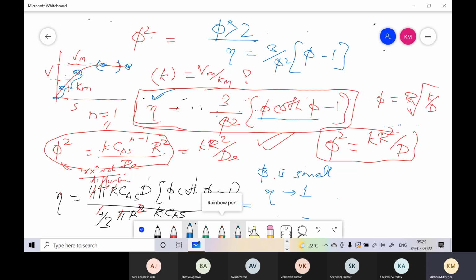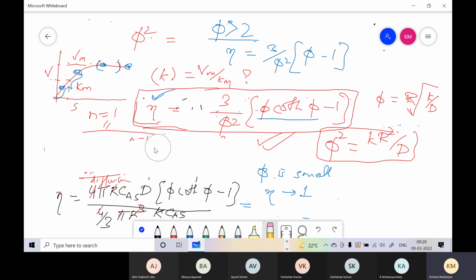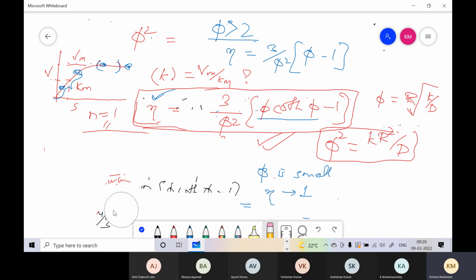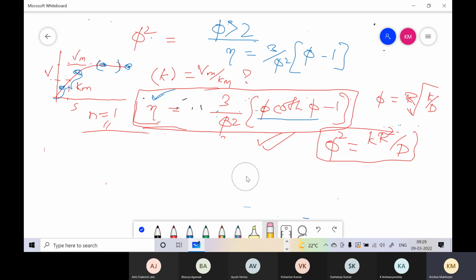And for phi values greater than 20, let us say, very highly diffusion controlled, and phi is very large, then we can simply write eta is equal to 3 by phi. That's it.